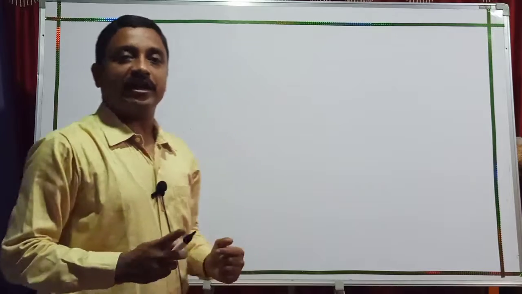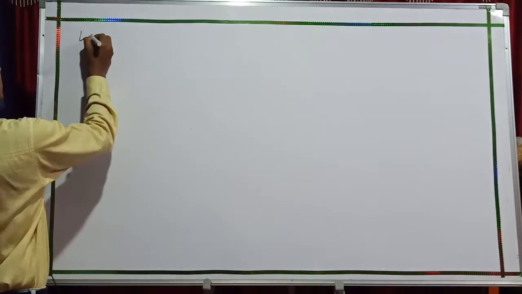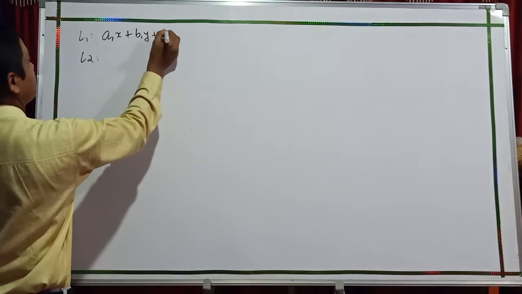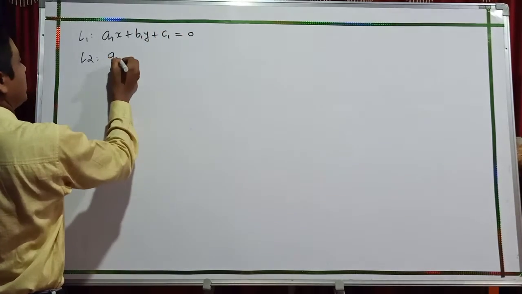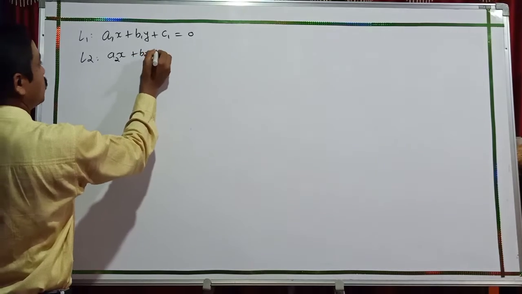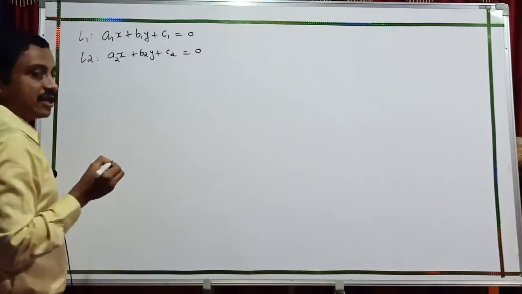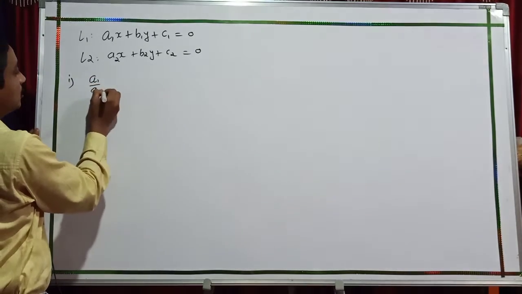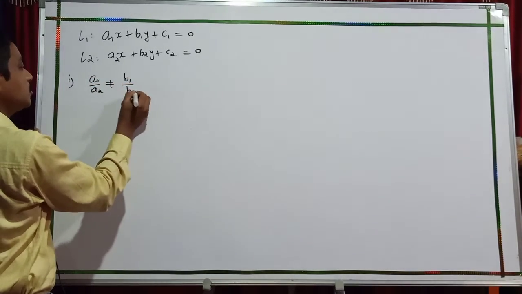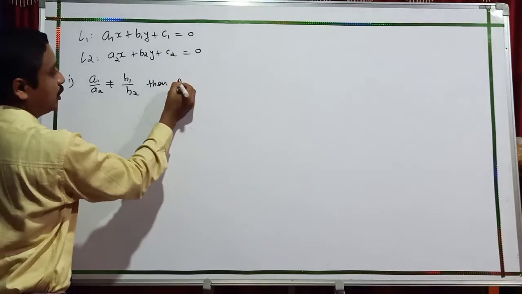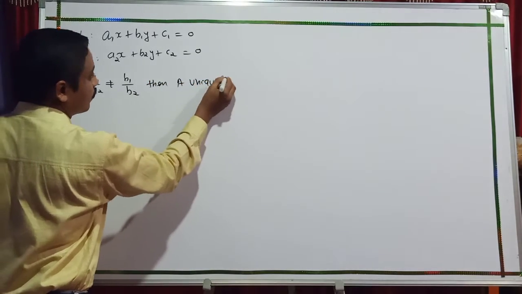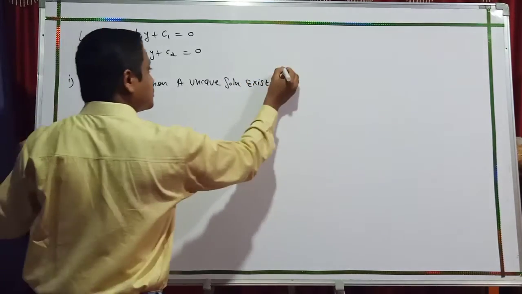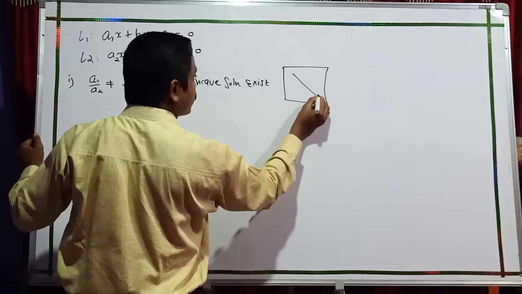So students, finally I revise our three cases for lines L1 and L2: A1x plus B1y plus C1, and A2x plus B2y plus C2. These are the equations and three conditions. First condition, A1 by A2 is not equal to B1 by B2. Then a unique solution exists. And the drawing is this.